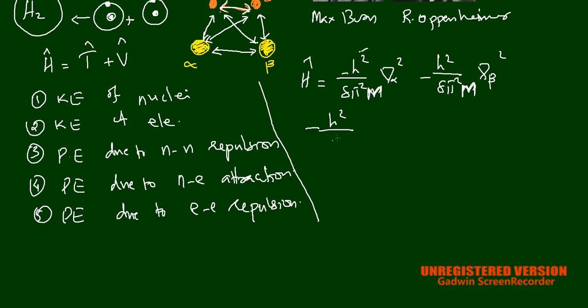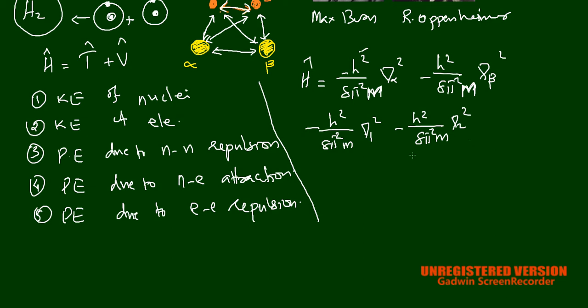And in this case, I am giving minus h square divided by 8 pi square m, that is a small m, just to indicate that is the mass of the electron. And del 1 square is the Laplacian operator for the electron 1, minus h square divided by 8 pi square m del 2 square. Okay. And these are the kinetic energy terms of the Hamiltonian operator.